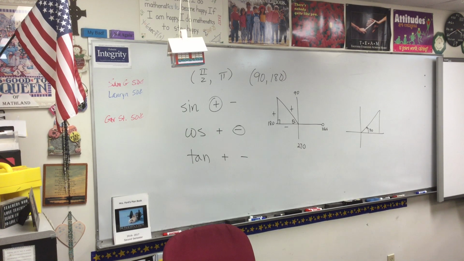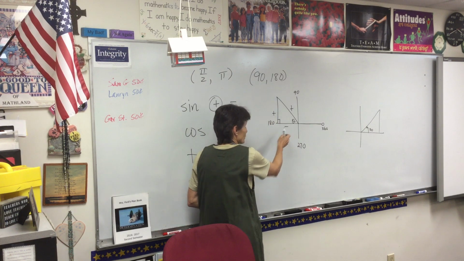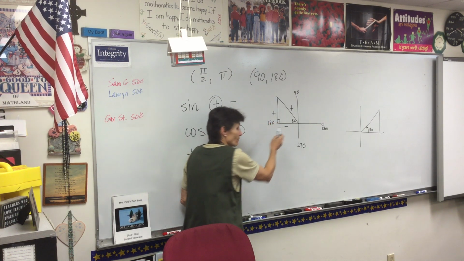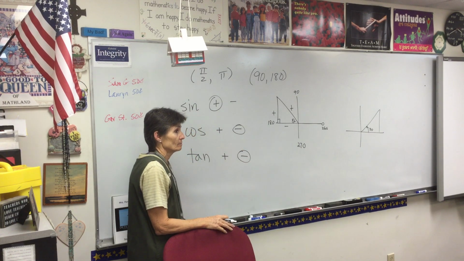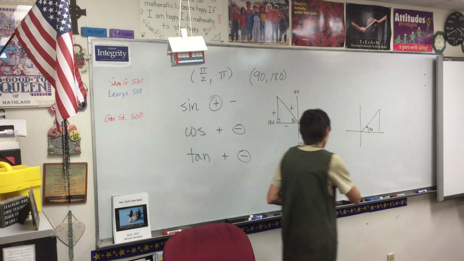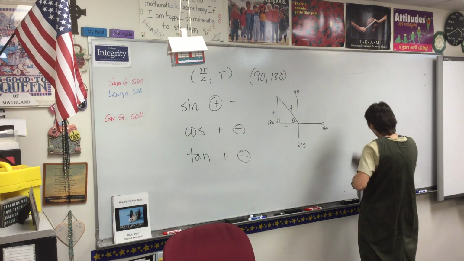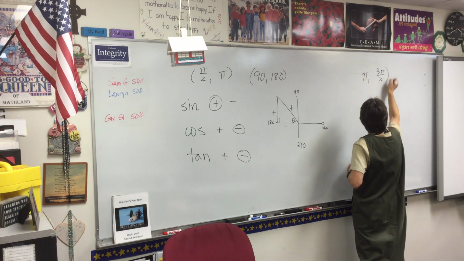And then what about tangent? Tangent is opposite over adjacent, so that would be positive over negative, which is negative. All right, let's try another one. What does pi to 3 pi over 2 mean? Now we're looking at this interval.